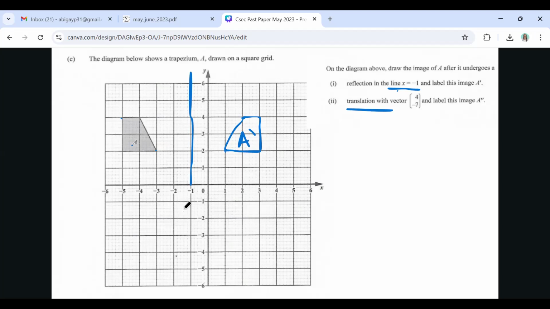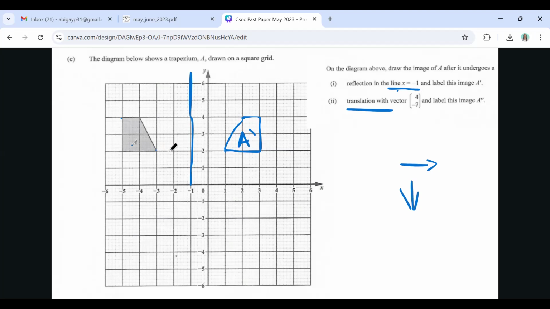This is what you did this morning. So I'm going to use the same diagram here. And this says 4 to the right and 7 down. Good, because it's 4 positive and 7 negative. So each point, I'm going to go right first.